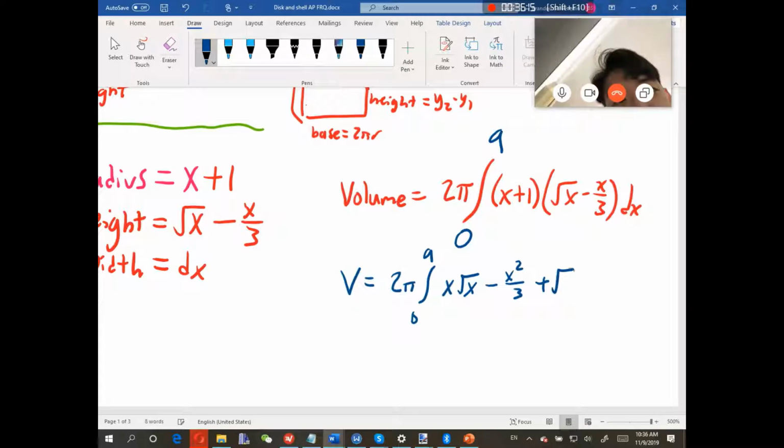So plus root x minus x over 3. Okay, cool.